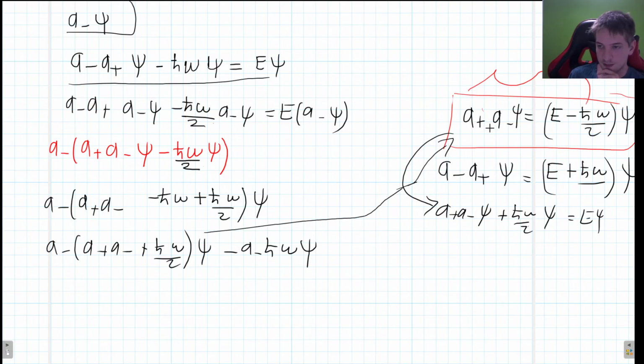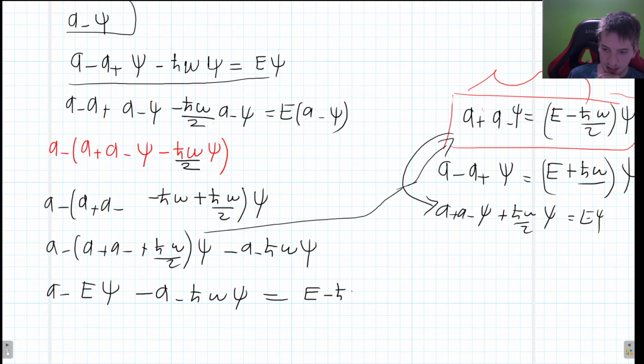In fact, the first one is just going to be the energy times psi. And then we have the second one, a minus h bar psi. So we can now rearrange this, because these are all constant. E, h bar, omega are all constant. So we get that E minus h bar omega times a minus psi.